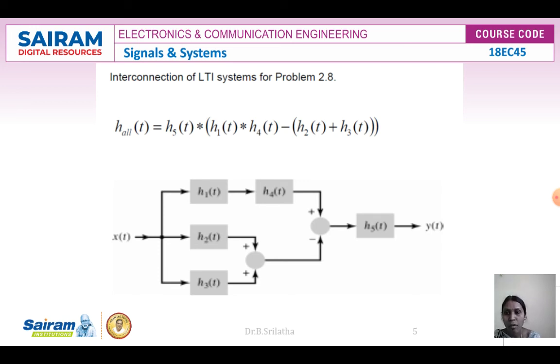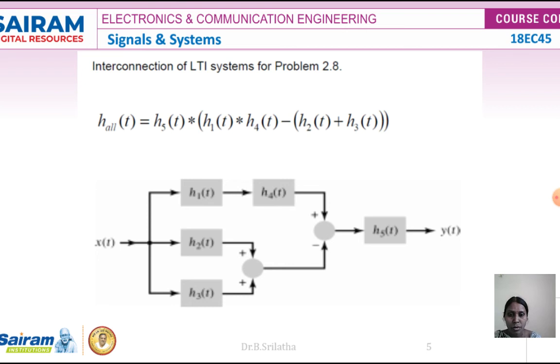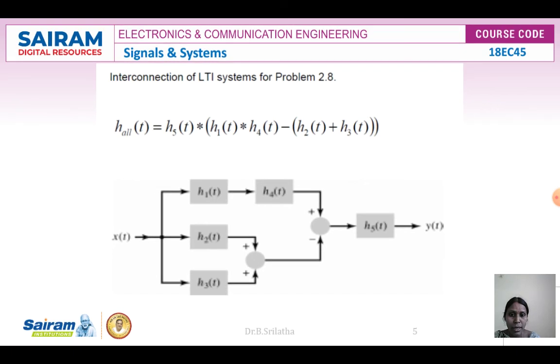So now our h of t, the overall system, is equal to h5 of t star h1 of t convolution h4 of t minus h2 of t plus h3 of t. We always have to start with the last one. See, h2 of t plus h3 of t, where both are connected with plus, is nothing but a parallel connection.